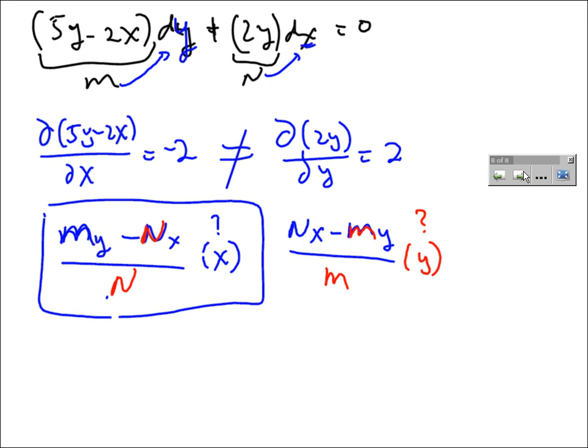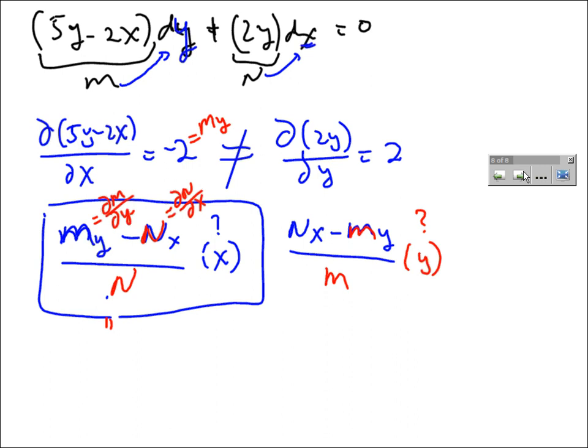Now, it turns out that this is M sub y. M sub y is shorthand for partial M over partial y. This is shorthand for partial N over partial x. Okay? So I have M sub y and N sub x.